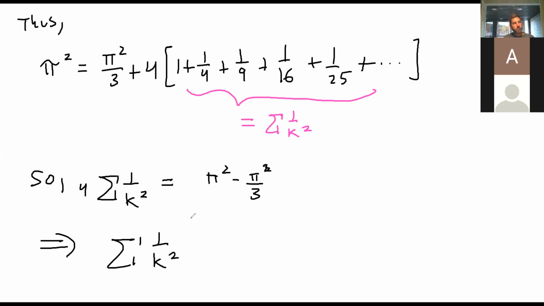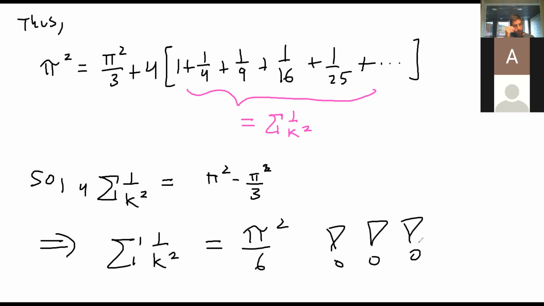This becomes 3 pi squared minus pi squared over 3, and if you simplify it, you get pi squared over 6. I don't know if it's dawned on you yet, but we just summed a series of numbers in this miraculous way. These series, made of nothing but numbers, end up summing to something that has pi in it. That is just an amazing, magical thing.